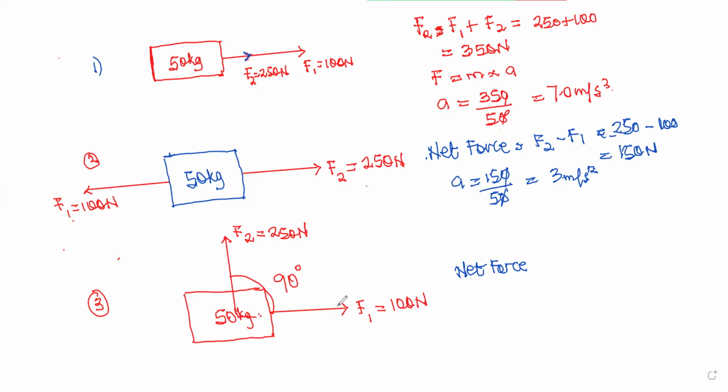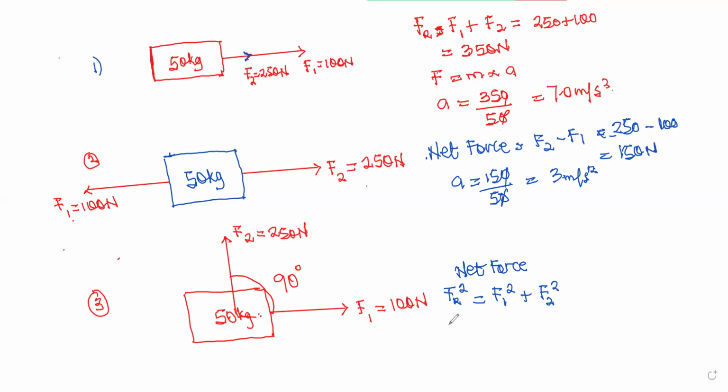F resultant squared will be equal to F1 squared plus F2 squared. Thank you, Carol. Thank you, Sharon. And thank you, Jonathan, for putting Pythagoras theorem in shape for us.